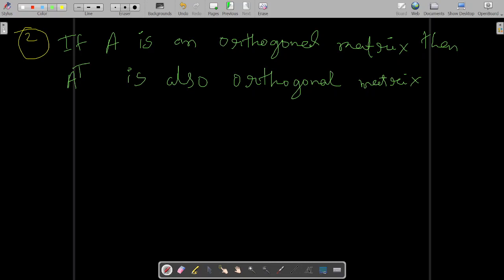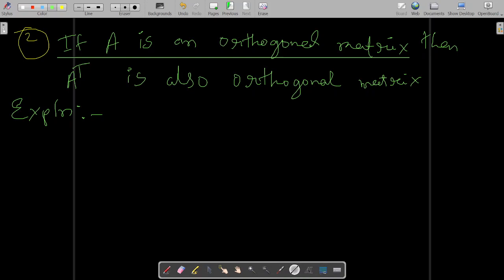In order to explain that, we will do the proof of this. So let A be an orthogonal matrix. It is the given condition, the condition given to you initially. Whatever is written before "then" is the given condition.